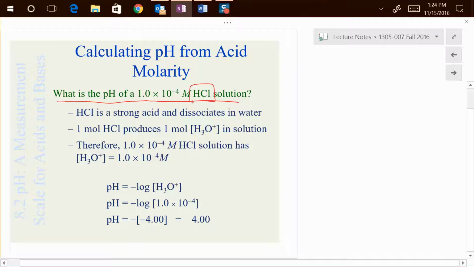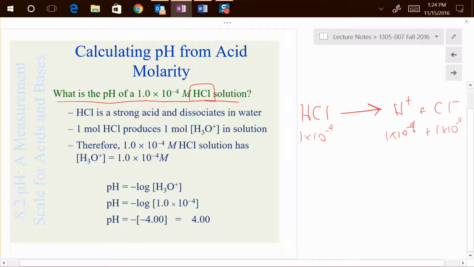HCl dissociates into H plus and Cl minus in a strong acid step. This is a strong acid, and therefore it dissociates 100%. So if my acid starts out at 1 times 10 to the negative 4 HCl, it dissociates into 1 times 10 to the negative 4 H plus and 1 times 10 to the negative 4 Cl minus.